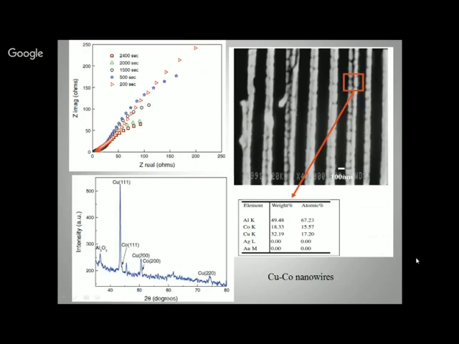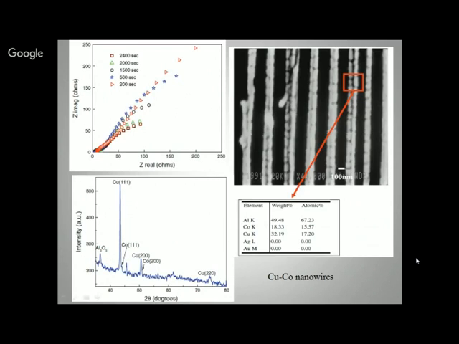Second, we tried cobalt instead of nickel, and in this case now it is a multilayer. In the nanowires you can easily see that there are layers. One corresponds to copper, another corresponds to cobalt, and below this SEM image, electron microscope image, you can see the distribution of cobalt and copper.